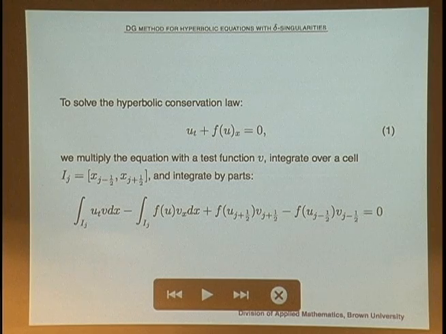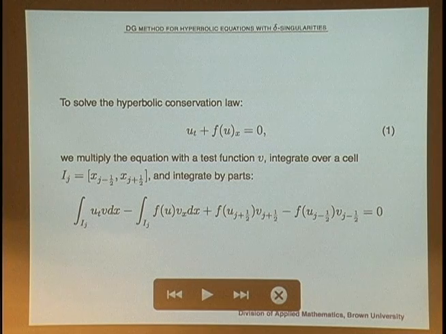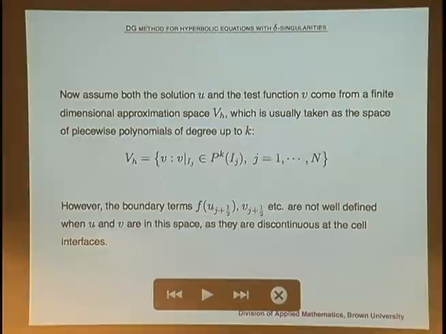So the idea is to convert this identity into a computationally implementable method. Here I abuse notation a little bit. I still use u, but now u is not the exact solution of the PDE as before, but something in this finite element space, which is just the collection of piecewise polynomials of degree k. It is a polynomial in every interval I sub j, and may be discontinuous across cell boundaries.